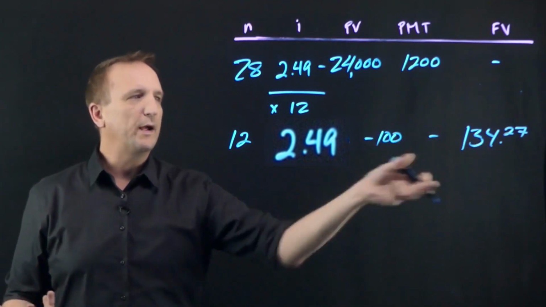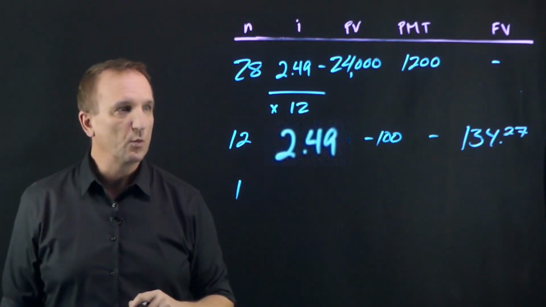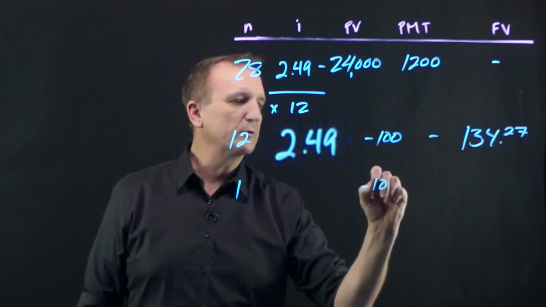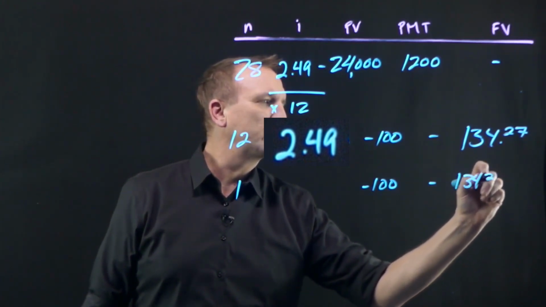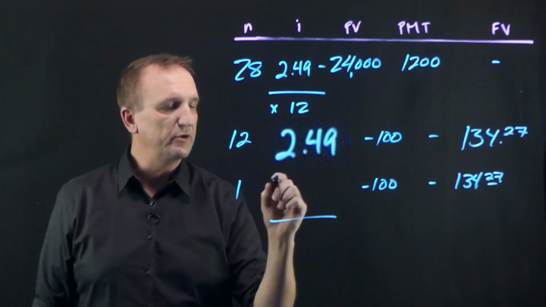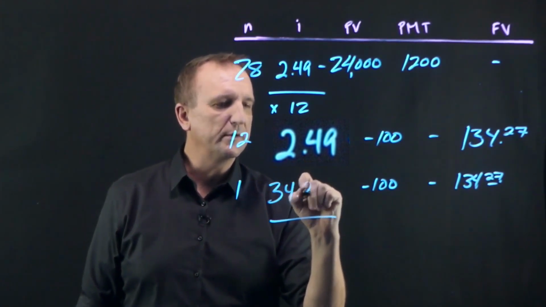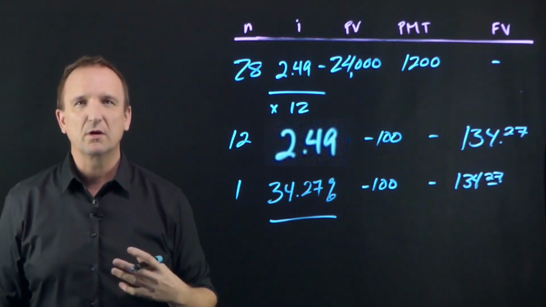But if you wanted to go back, you could then change your compounding periods to 1. You have $100, you get 134.27 out, and then you would solve for I, and you would find that you got a 34.27% IRR, or annual compounding equivalent.